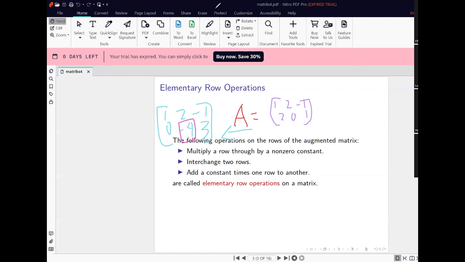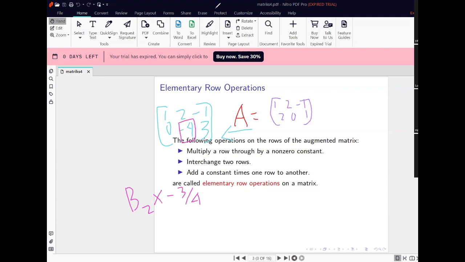How do you change that into 1? You can use operation number 1, which is multiply a row by a non-zero constant. So you can multiply the second row with minus 3 over 4. P stands for baris, times minus 3 over 4.